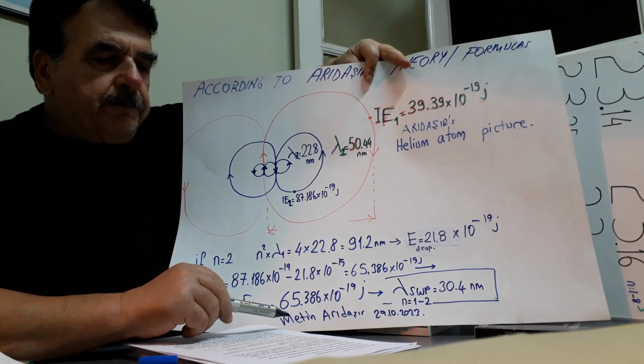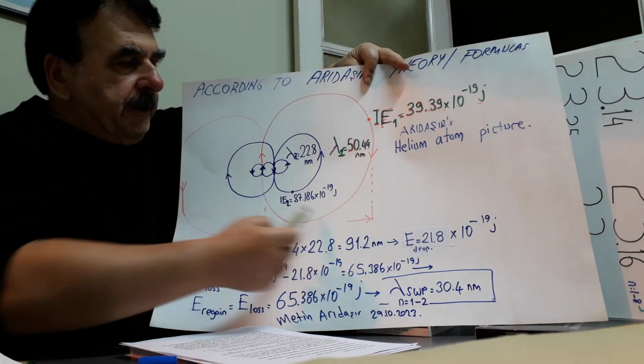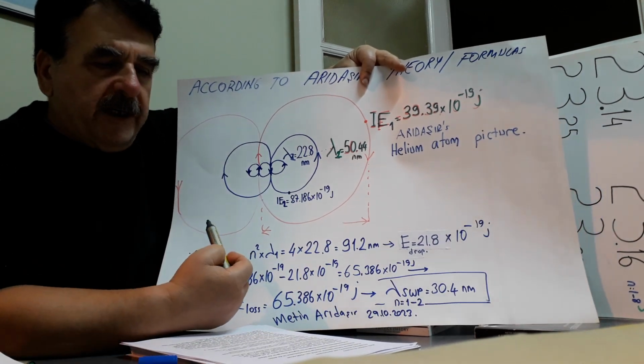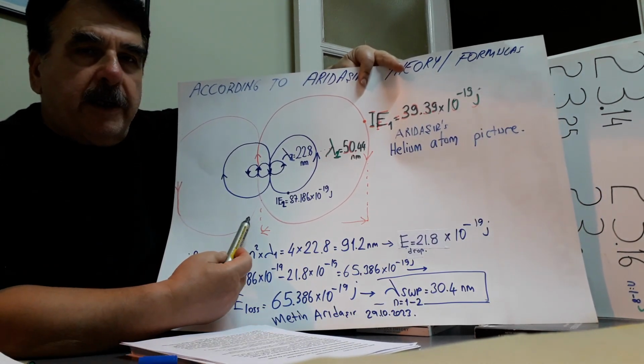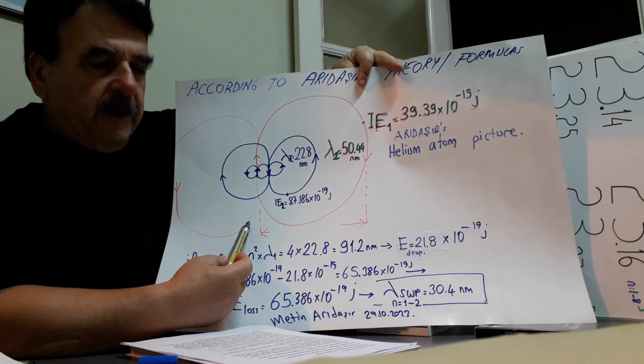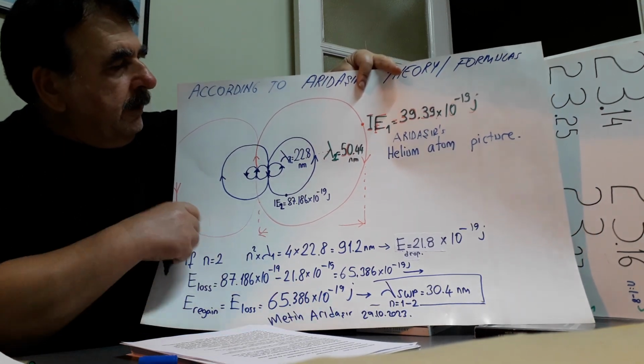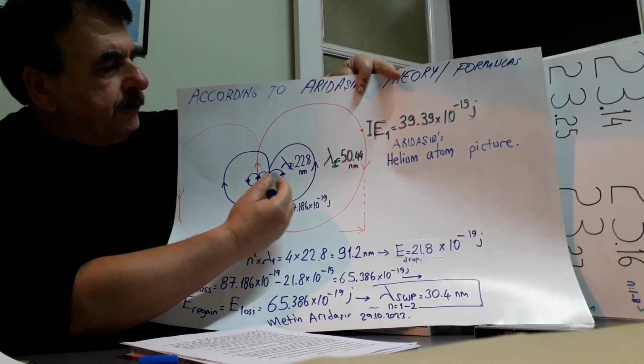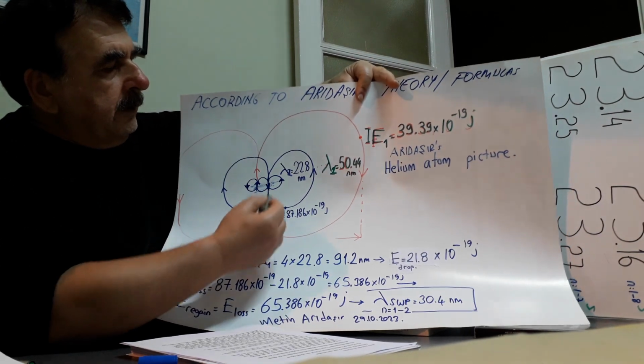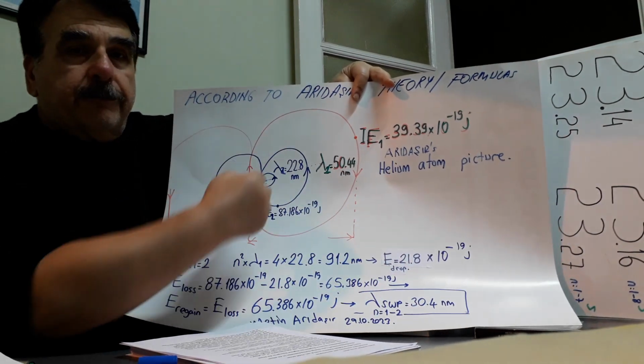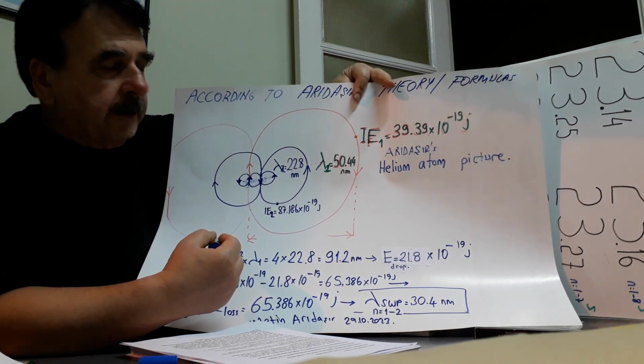The initial wavelength, size greater, at rest, undisturbed proton-bound electron motion form in the helium atom. Okay, these are protons, these are electron motion forms. Okay, according to me.